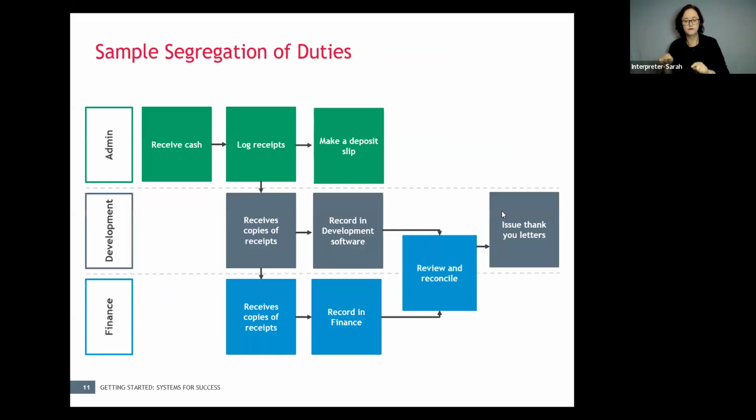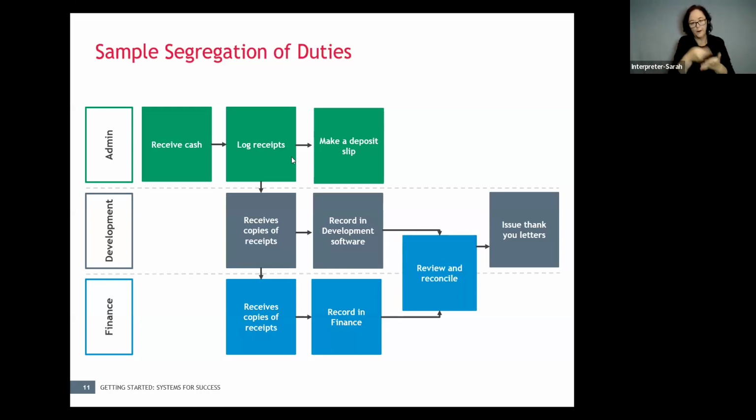And then here I have a depiction, kind of a workflow. So this is actually a cash receipts accounting cycle workflow. And you can see here that an administrative person receives the cash, and that can be in any kind of manner. I don't necessarily mean dollars, although it could be the green, the dollars, right?